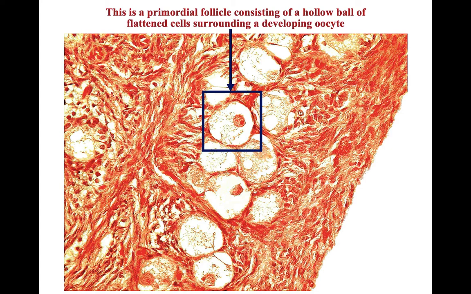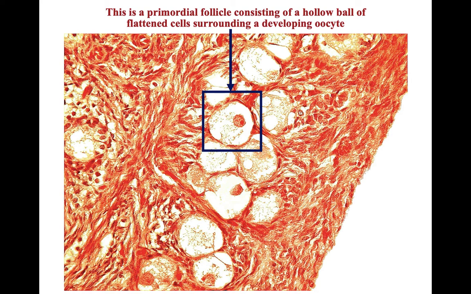Depending on which sources of information you look at, the number of follicles at birth varies from source to source, and I suppose it varies from person to person. But some of the common numbers quote between 300 and 400,000 of these primordial follicles at birth.